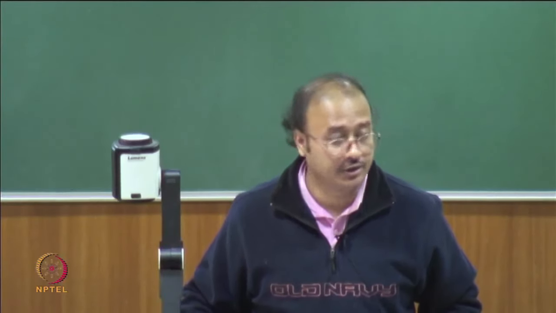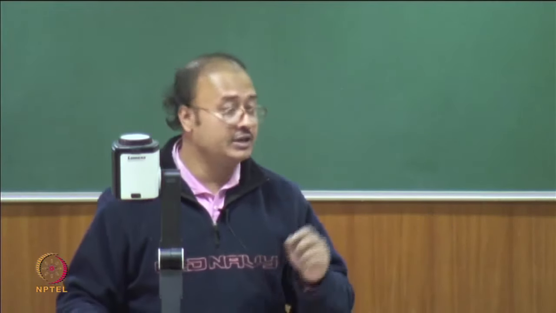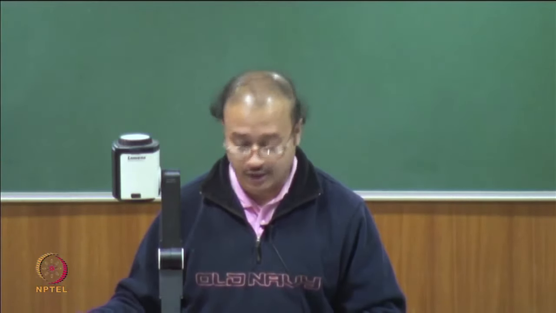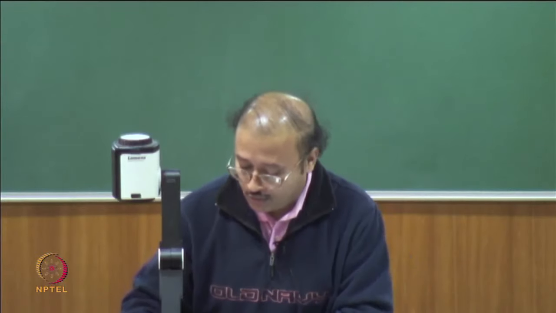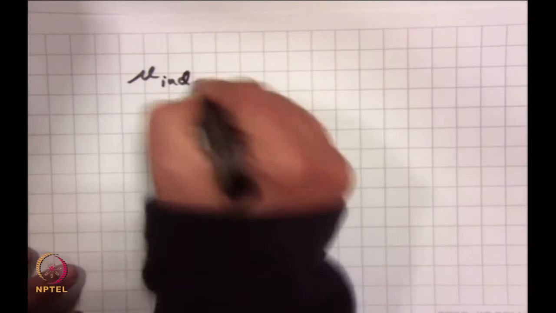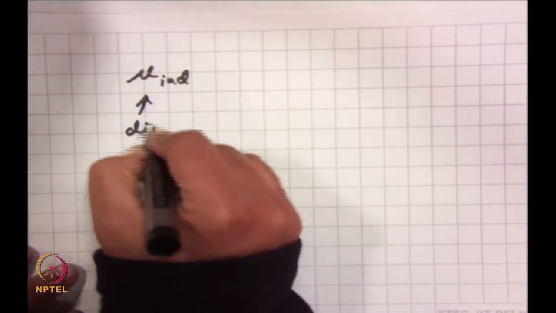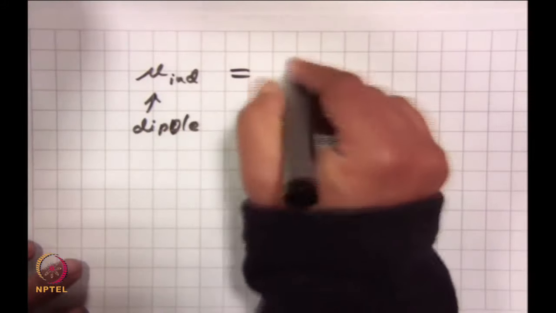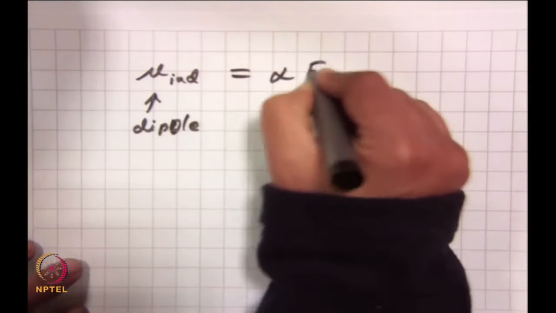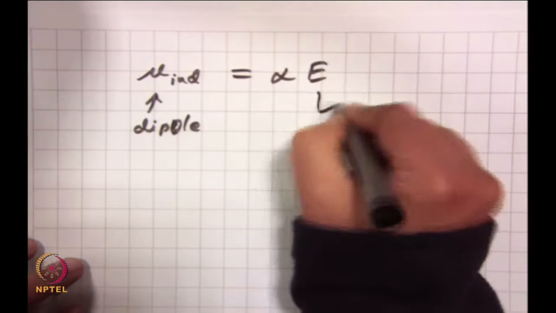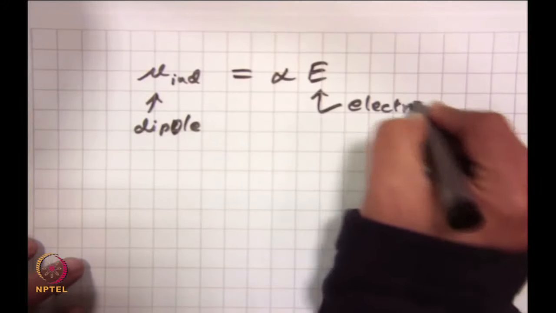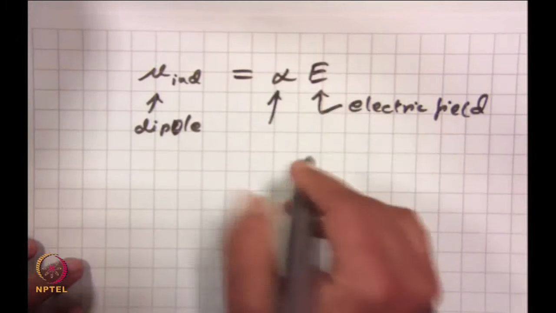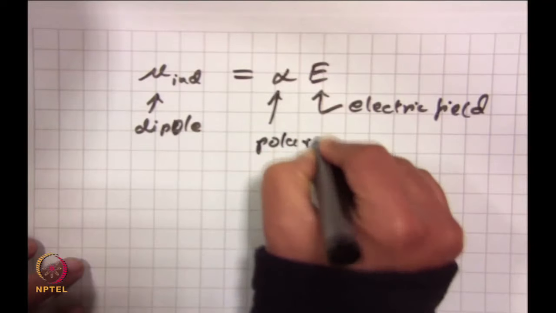Because we are talking about an induced dipole, what we can write now is mu induced is equal to alpha times E, where E is the electric field and alpha is our polarizability.